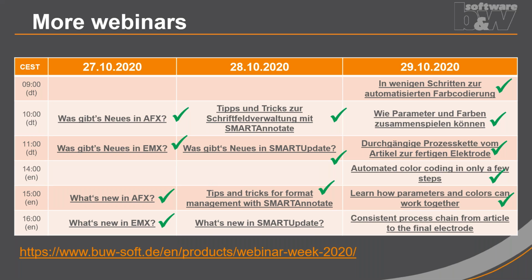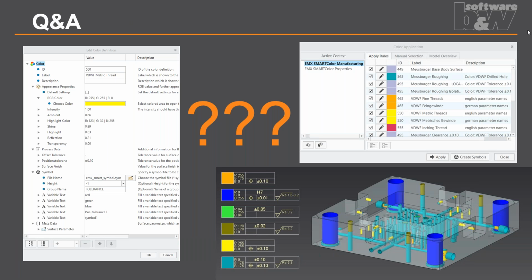That's coming up in 25 minutes, and it's showing a little bit more about the process chain from our tool designer into the final electrodes. And this brings me to the question side. Sasha, do you have more questions for me?